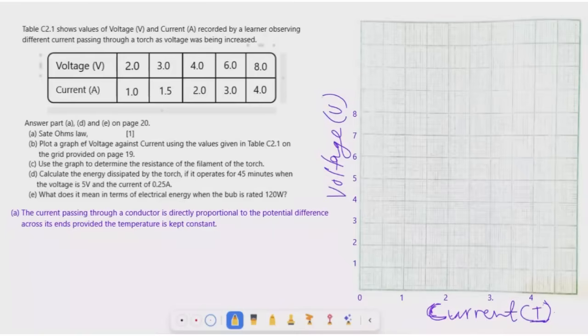Okay, now I'm going to show you how we can plot a graph. So how do we plot a graph?